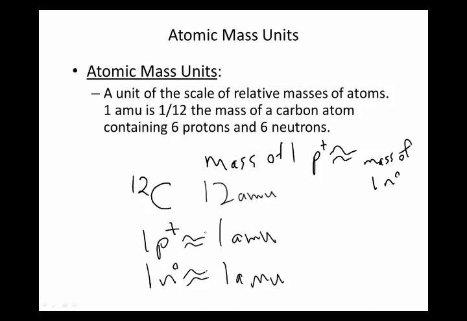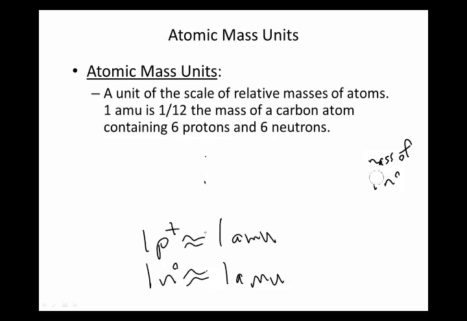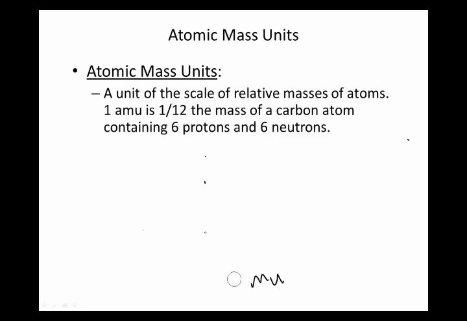Now, because this is based on the carbon atom, other elements, other atoms, other isotopes are going to vary a little bit. So this is all based on carbon-12, so they're all going to vary a little bit. What you're going to see is the mass of an isotope is going to be very close to that of its mass number.